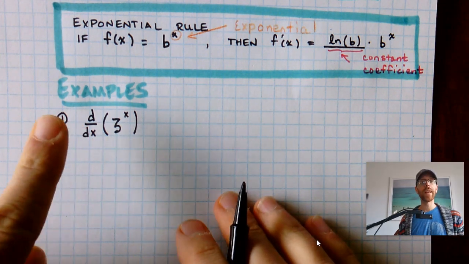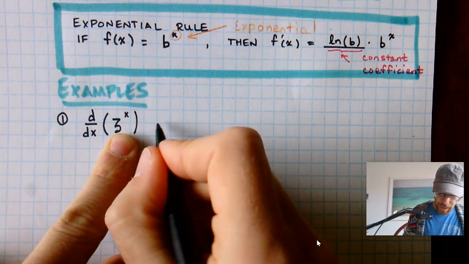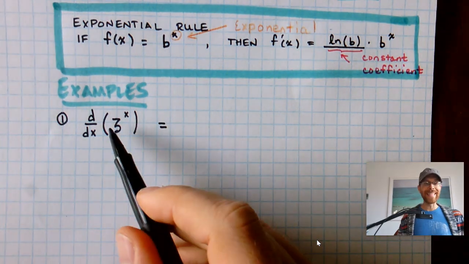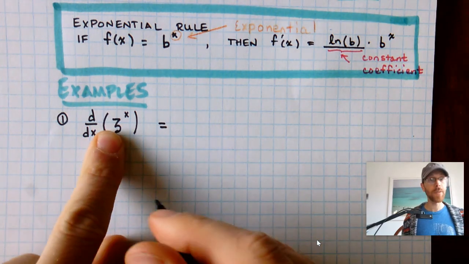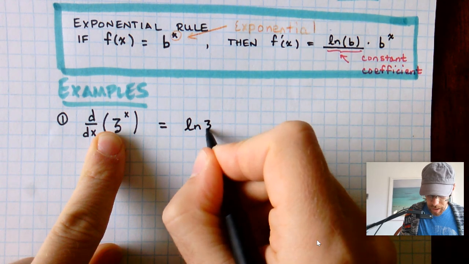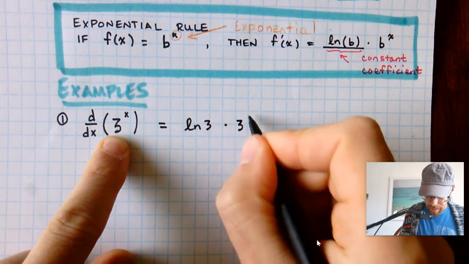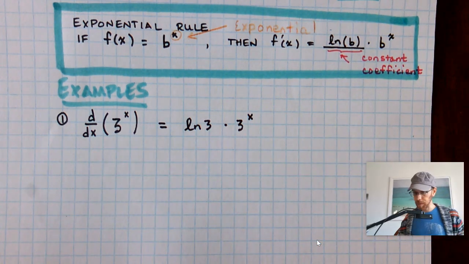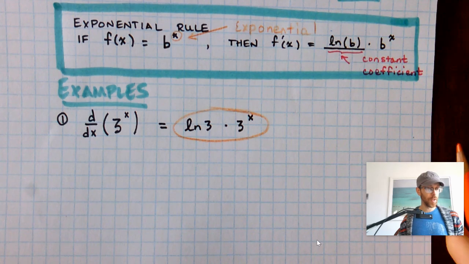This means you want to take the derivative of the function that is inside. You say to yourself, is this an exponential function? Answer, yes. Therefore, the derivative will simply be the natural log of the base multiplied by the original function. There's your answer, and you're done.